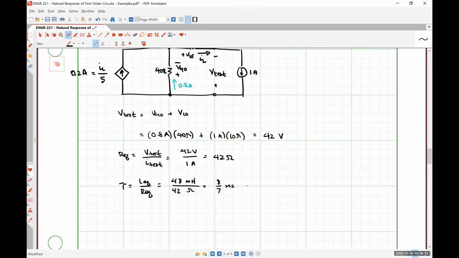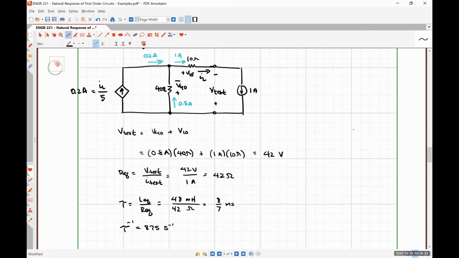Alrighty. And when I take the reciprocal of that, tau to the minus 1 is equal to 875 per second.